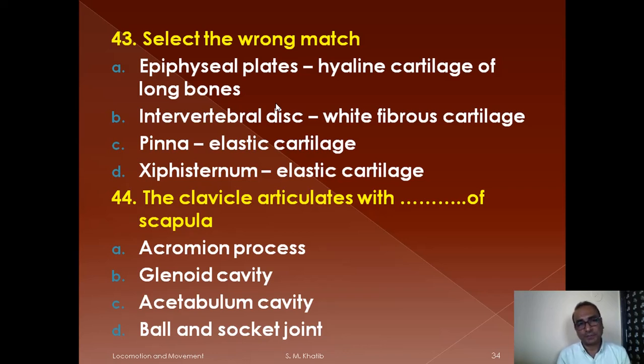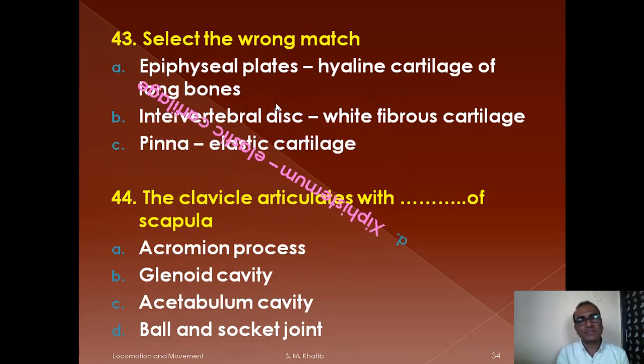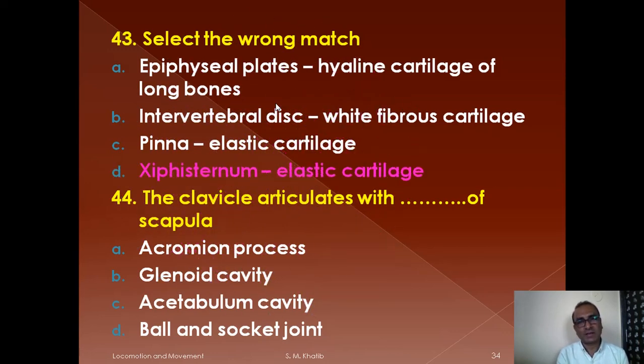Epiphyses are made up of hyaline cartilage, that is true. Intervertebral discs between the centra of the vertebrae are cushion-like discs made up of fibrous cartilage. They allow the bending movements of the backbone. So that's also correctly matched. Ear pinna, of course, contains elastic cartilage only. So the wrong option here is xiphisternum, which is not made up of elastic cartilage.